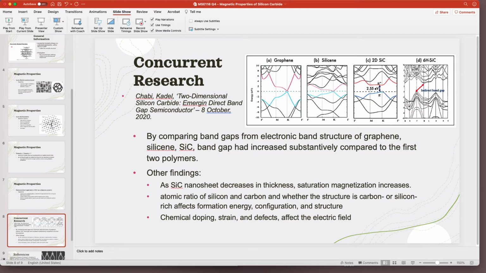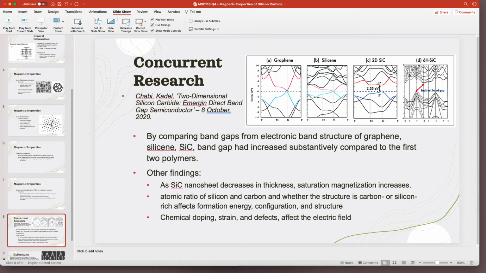The formation energy, configuration, structure, stability, and thus properties of these structures is highly affected by the atomic ratio of silicon and carbon and whether the structure is carbon or silicon rich. Given their tunable direct band gap in the range of about 0.5 to 3 electron volts, the next generation of electronic and optoelectronic devices can benefit largely from the discovery of 2D silicon carbide.